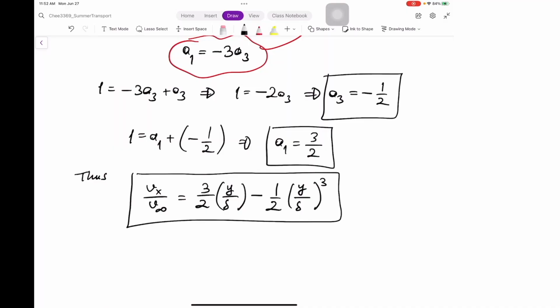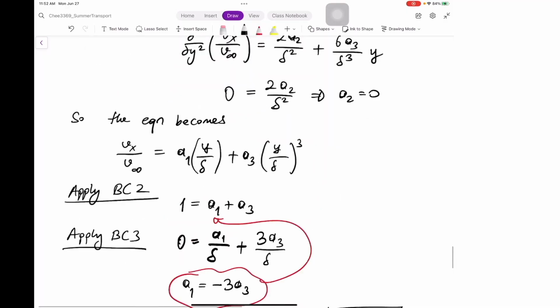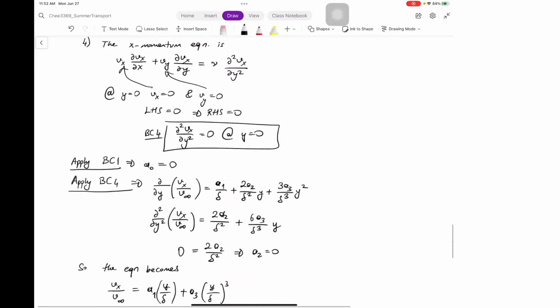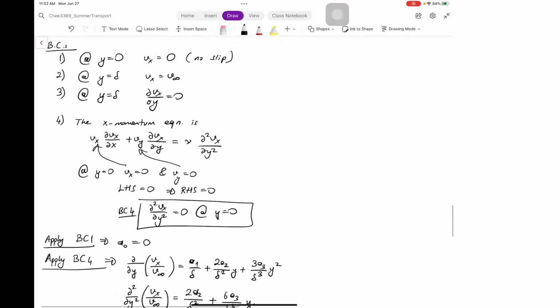We only have 4 because I only have 2 interfaces, and for each interface I have 2 boundary conditions. Imagine here we are particularly interested in this region. I know the boundary conditions here, and I know the boundary conditions here, and I can count them. I have 4 of them, right?